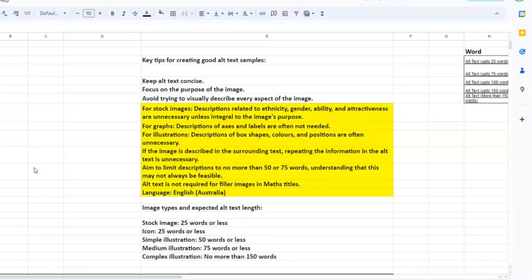We create alt text for two purposes basically. The first purpose is for blind persons. As we know, a blind person can't see any image, so how will he or she understand a particular image? If a candidate is blind, then he can understand the image according to the text.